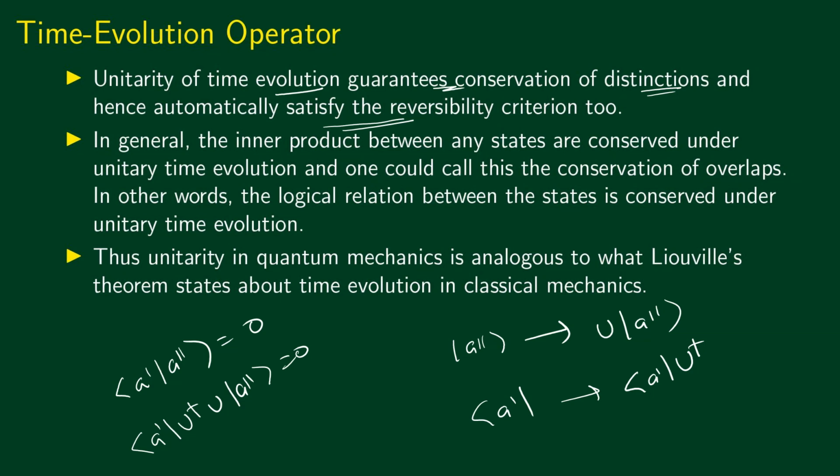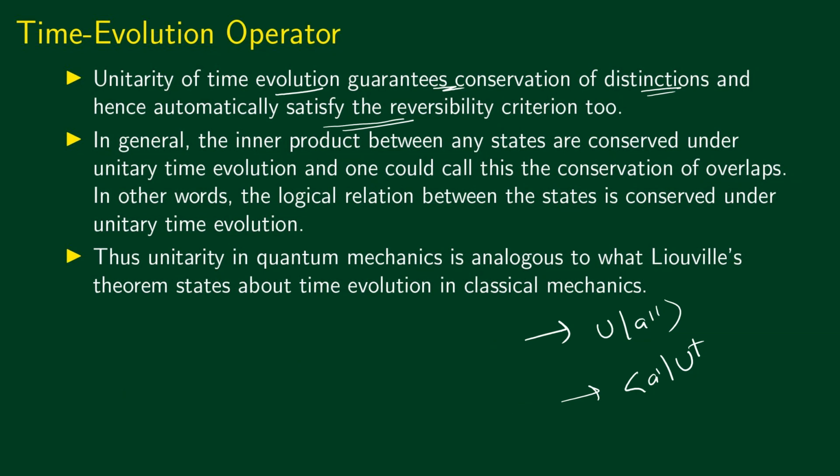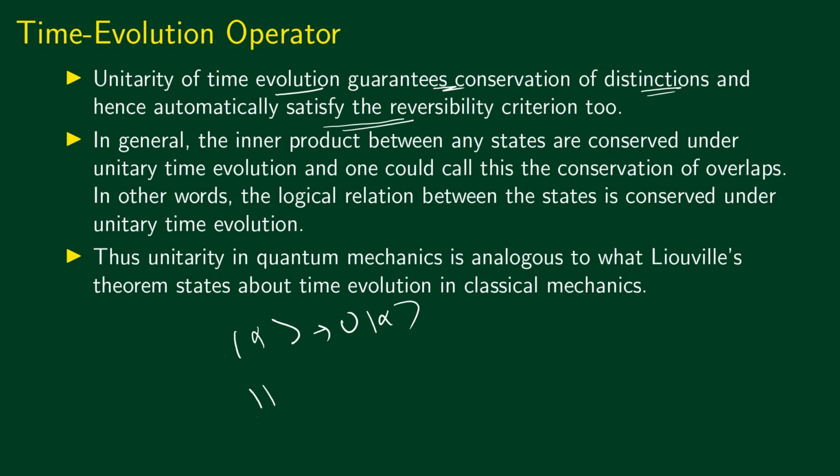In fact, it's clear that if the time evolution operator is unitary, then all inner products are conserved. This is true for any state. Let's say that ket alpha goes to U acting on ket alpha, and ket beta goes to U acting on ket beta.